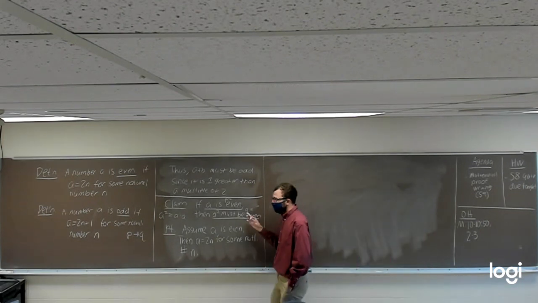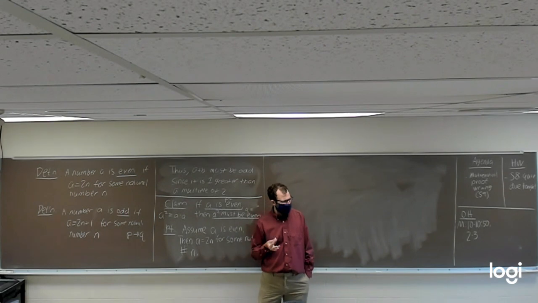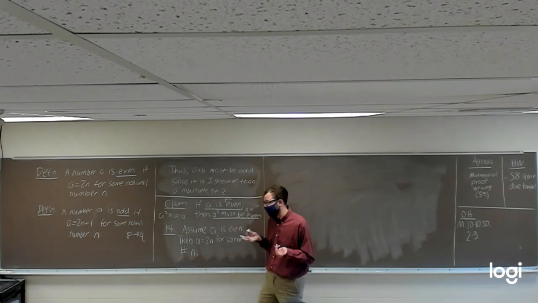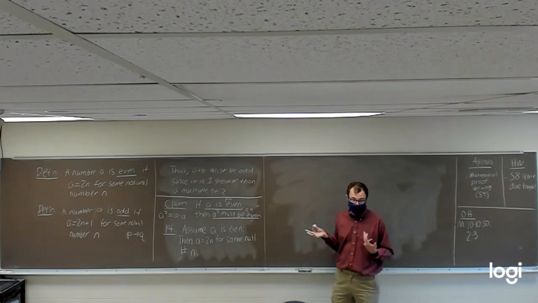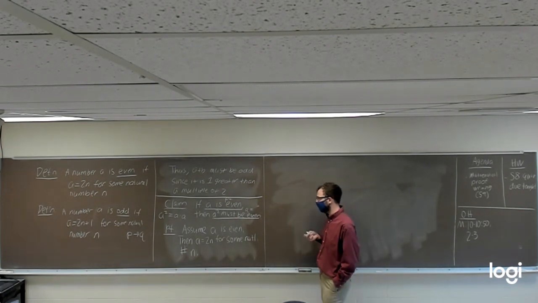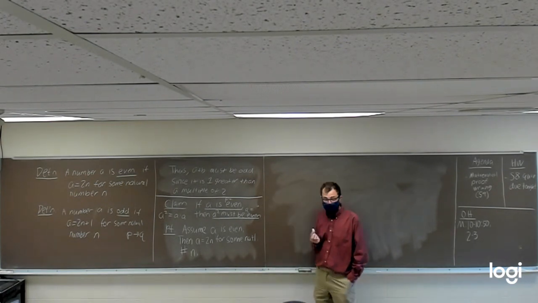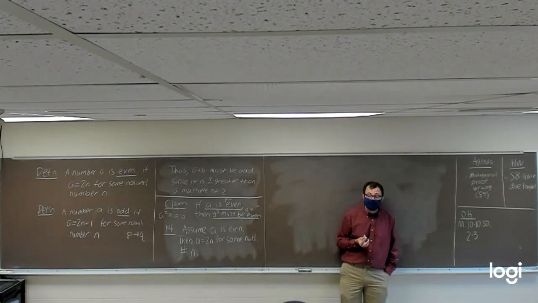Since we don't have a B in this one, I don't think we necessarily need the variable x appearing anywhere, just because we don't have a B showing up in our claim. So I don't think we need to bring it in. So A is even, and A has to be equal to 2 times n. Where can we go from there?